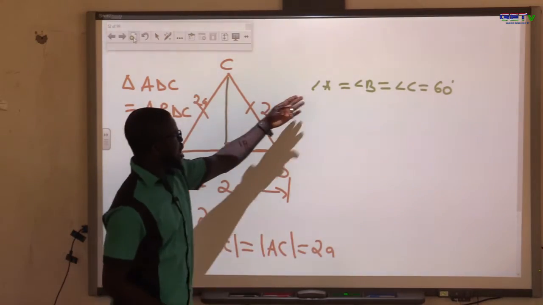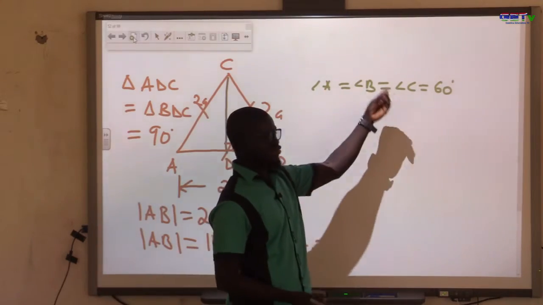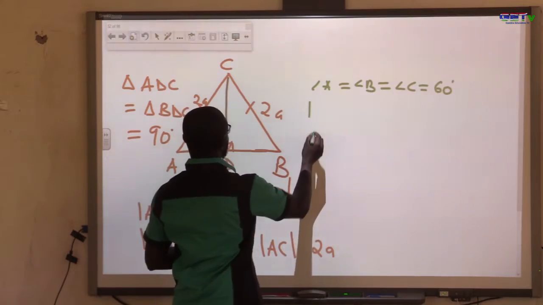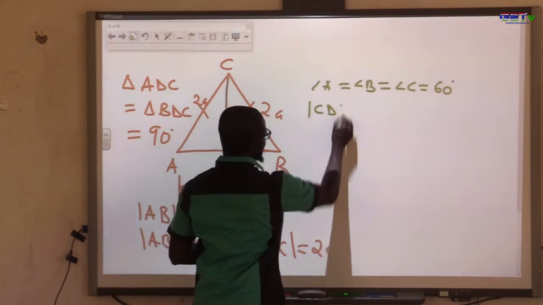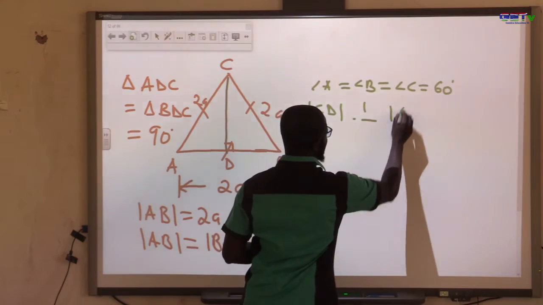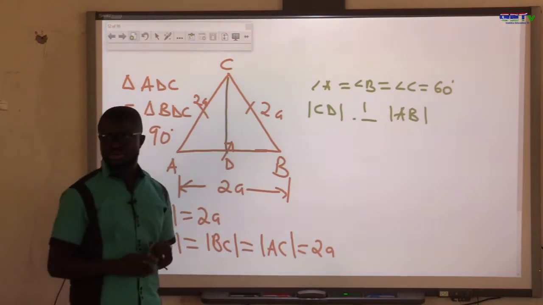Since we are able to tell that angle A equals angle B equals angle C equals 60 degrees, also the line segment CD is perpendicular to line AB, which is a right angle.